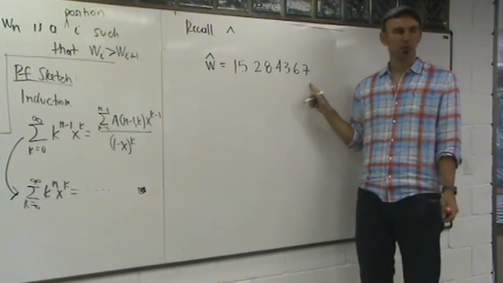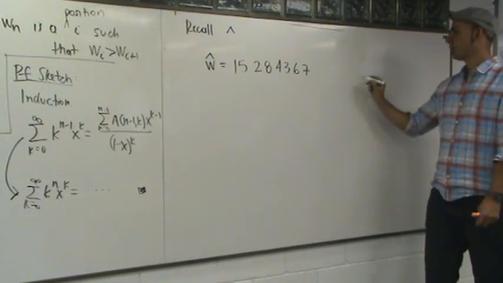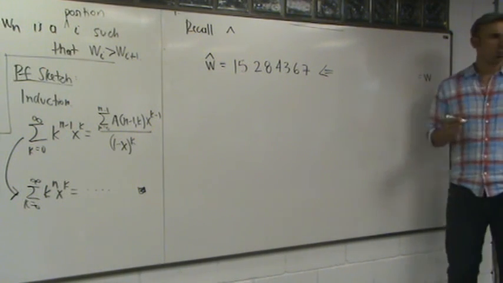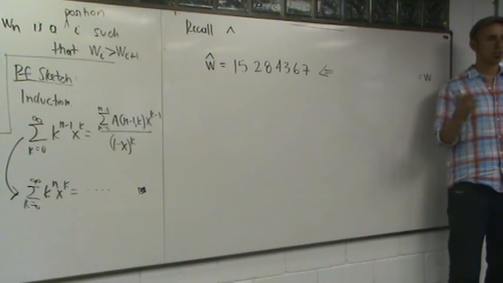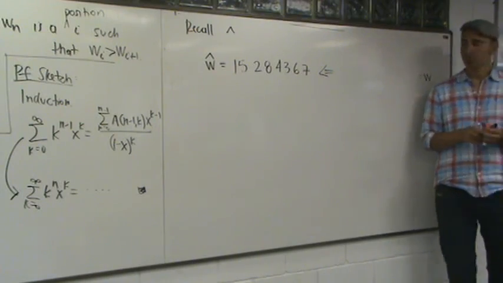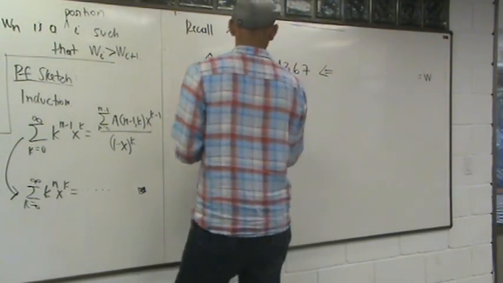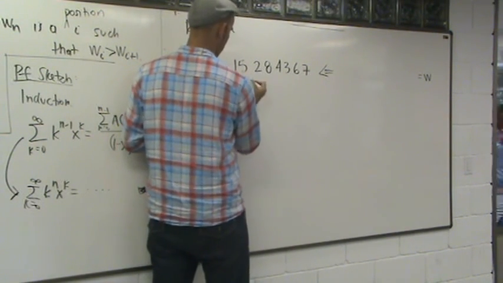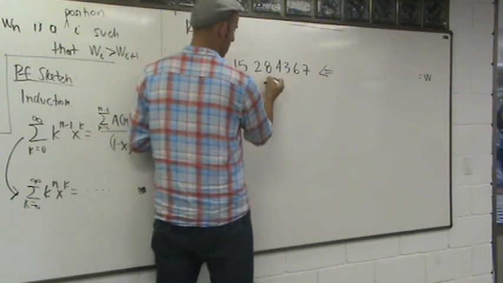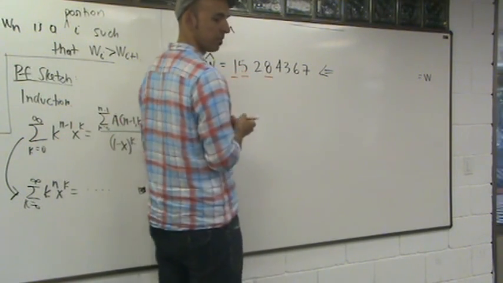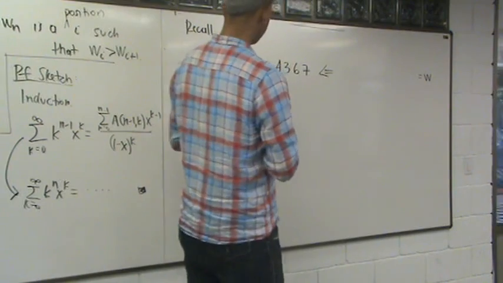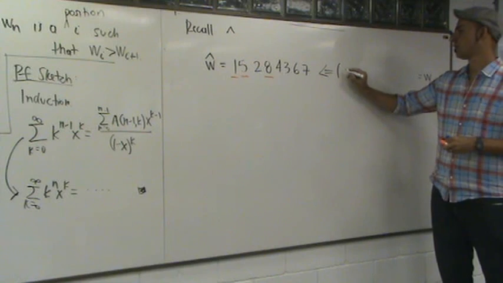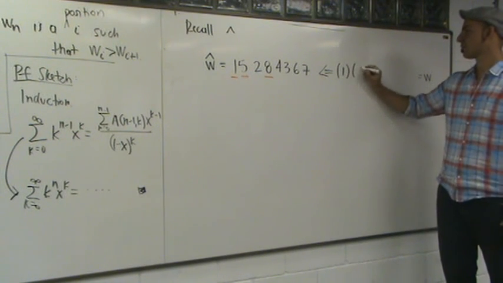Because this is one-line notation, I call it W hat, and it comes from W. Do you remember how to get W? We went left to right and took the records. What are the records? They're the biggest thing so far. Here, 1 is a record, 5 is a record, 2 is lower, 8 is a record, and then these are lower. And what is W? I start a new cycle at each record.